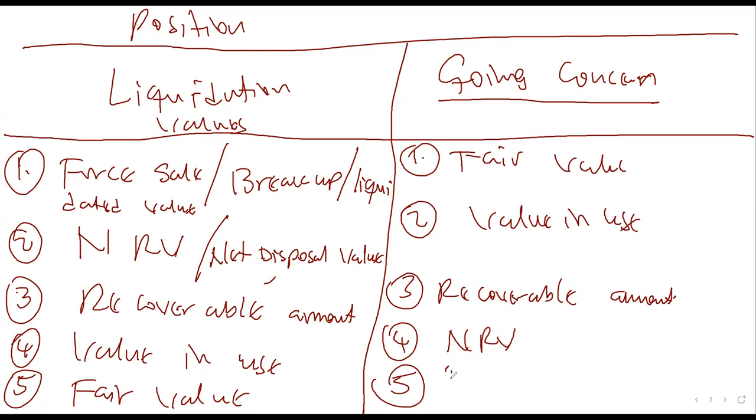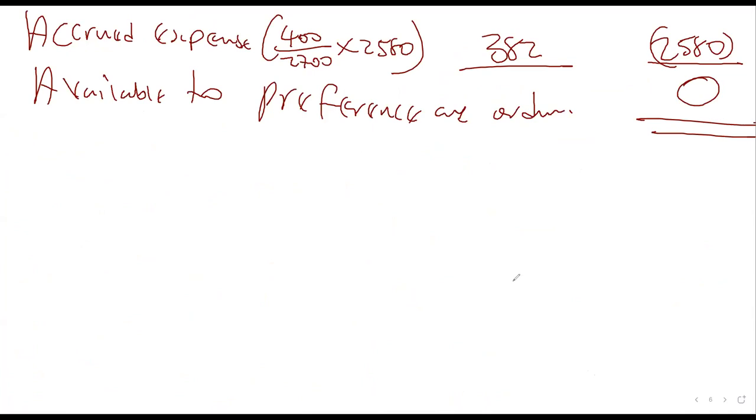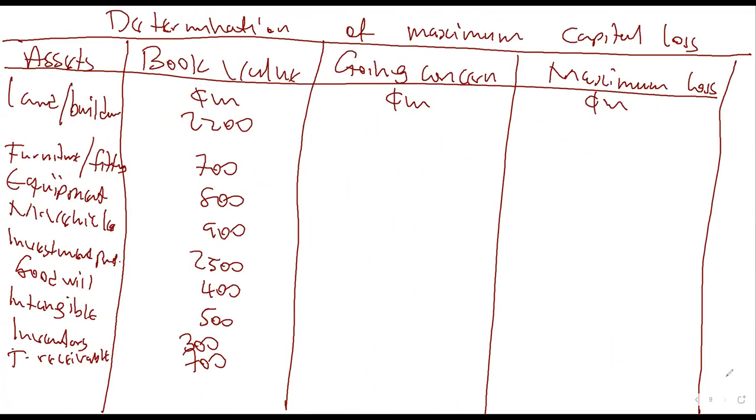Then the last one is forced sale value. So that's all. Let's go to the footnote and be picking those figures, and then we'll put the pieces together. Most of the important work has to do with steps 1, 2, and then 3.